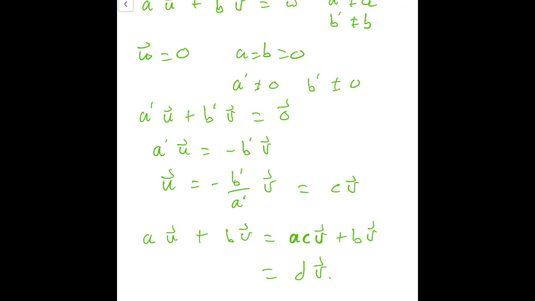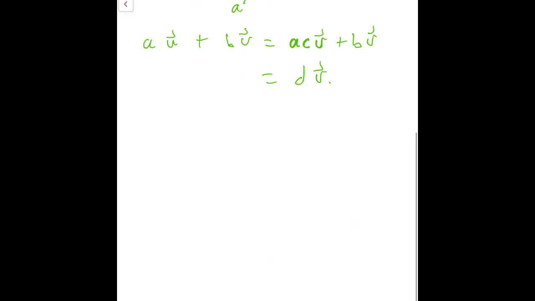Any linear combination of U and V is really just a linear combination of V. So in other words, adding the U and V vectors together doesn't really get us anything more than if we just took multiples of one of the vectors. Okay, that's in this special case where W is equal to 0.